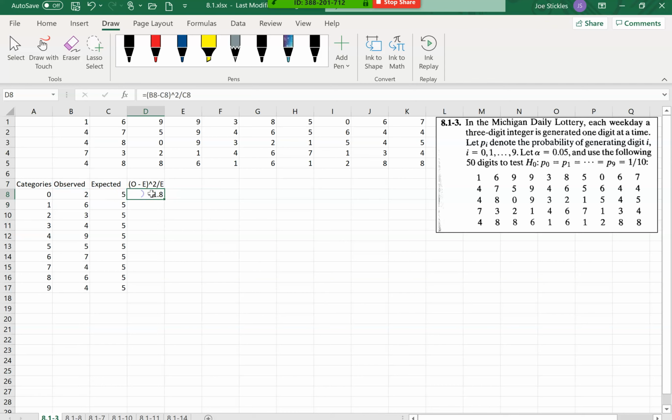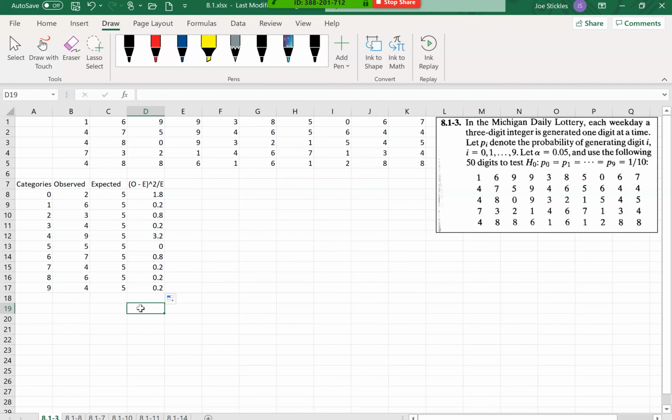And then I'll do the same thing. I'll grab and pull. So each of those are the individual values in the summand for the q sub k minus 1.